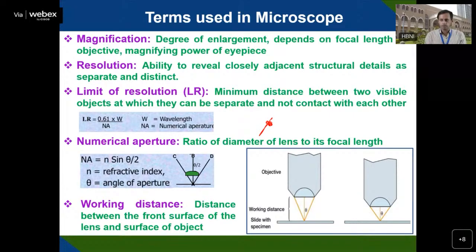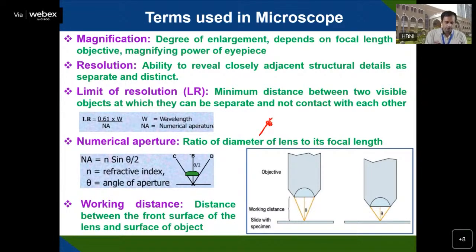That depends on the resolution of the microscope, and there is a limit of detection, that means the minimum distance at which two visible objects can be separated. We express this as the limit of resolution: up to a certain length scale you can separate them, beyond that it's not possible.